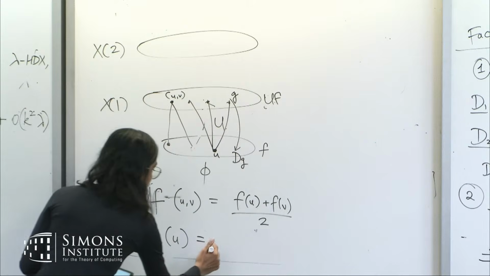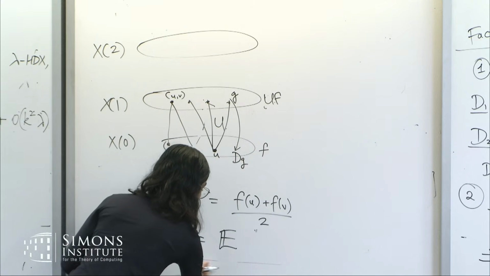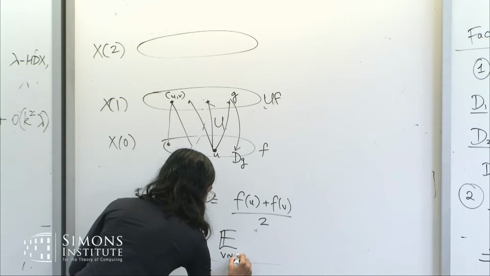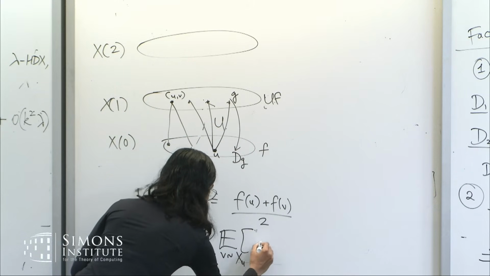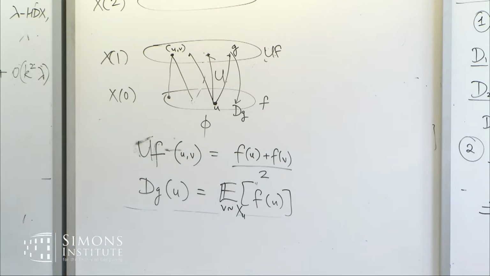So this is just going to be expectation over v in the link of u of f. This is very close to the usual adjacency of the graph.